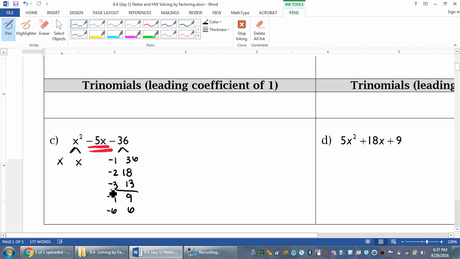You recognize, look, negative 4 plus 9 equals positive 5. I don't want positive 5, I'm supposed to get negative 5, so that's an easy fix. See, the negative is with the 4. Put it with the 9. Now it becomes negative 5. So those are the correct numbers for my combination. There's going to be x plus 4 and x minus 9.